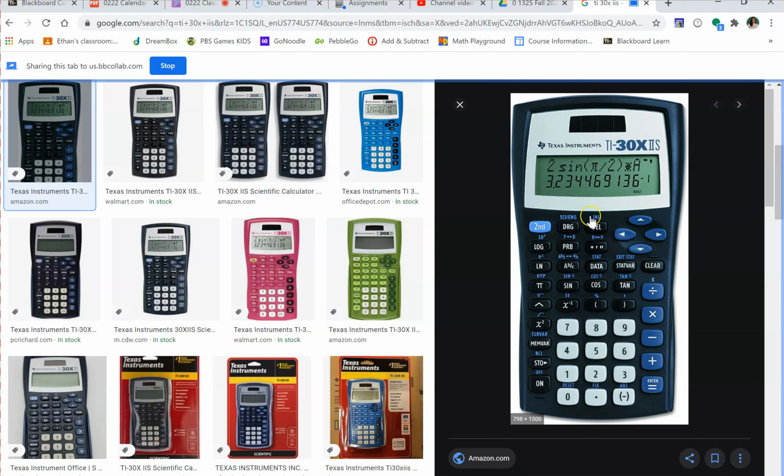I would clear your screen real quick, then hit 2, fraction button, and it'll put a little box on your screen. Then 1 fraction button, then 5. So 2 fraction button, 1 fraction button, 5. And that's going to put 2 1/5 on your screen up here.